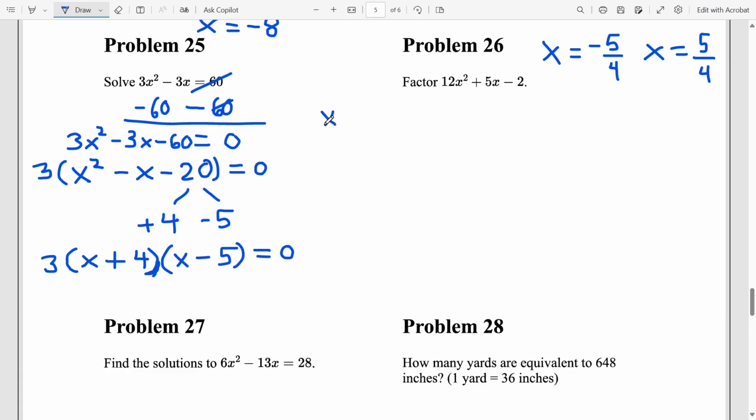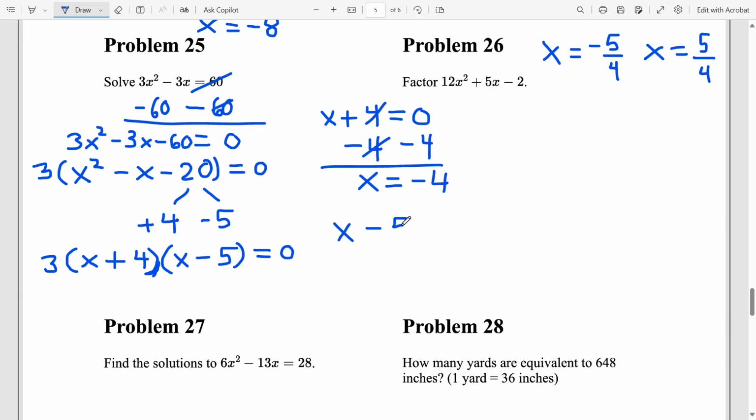One when x plus 4 equals 0. And so we'd subtract 4 from both sides. 4 minus 4 is 0. We're just left with x equals negative 4. And we're also going to get a solution when x minus 5 equals 0.